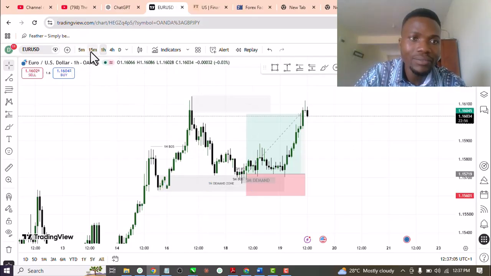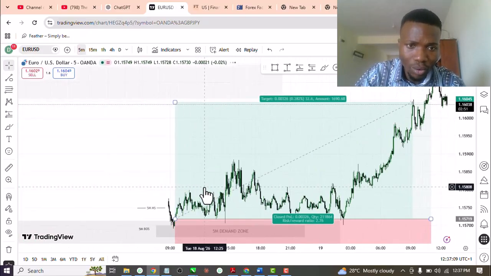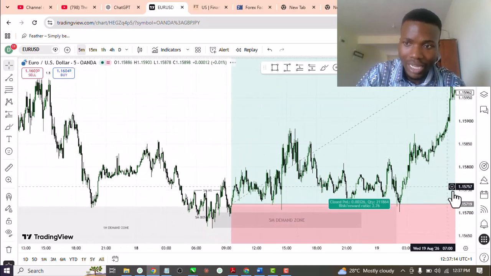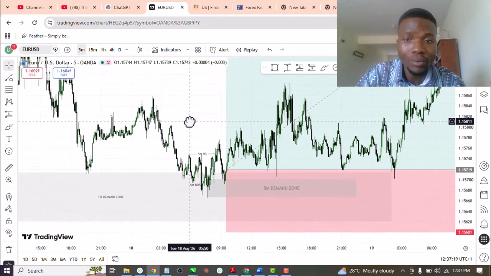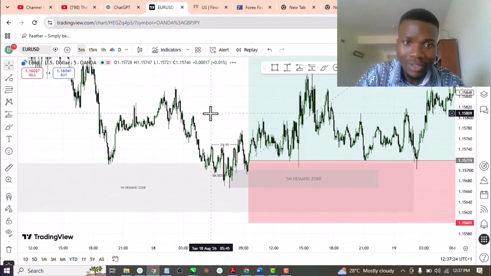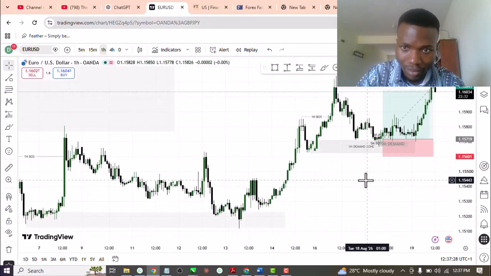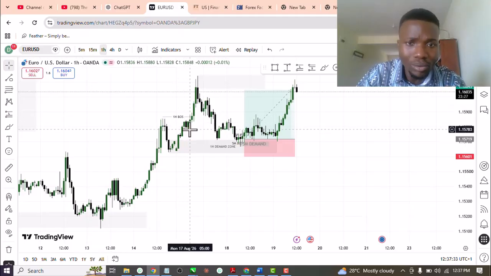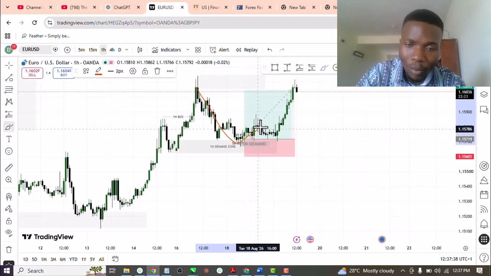Okay, so when I mark up my demand zone, I ensure that I go down to the 5-minute time frame. What I want to do on the 5 minutes time frame is that, as I said earlier, anything that is going to happen on the higher time frame must have first happened on the lower time frame. And because I envision that price is going to sell, I know that before it sells, it would have shifted from this selling momentum to buying opportunities.